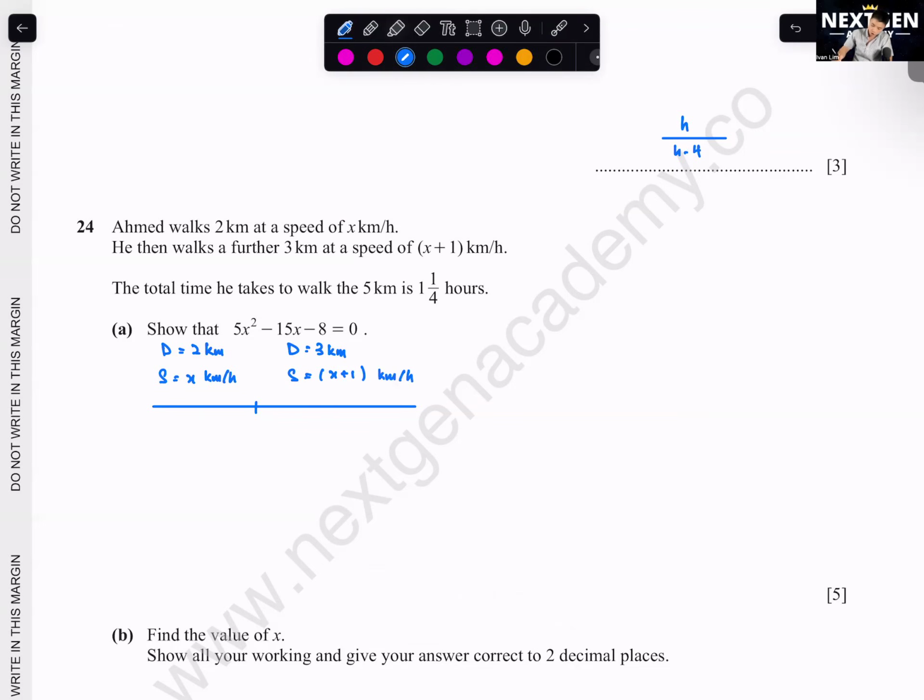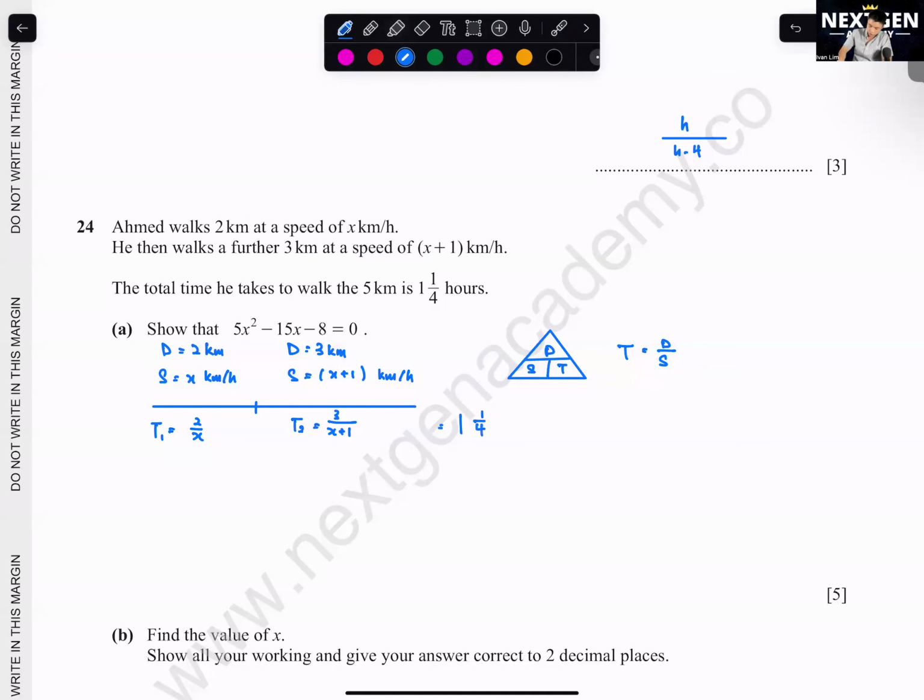What's the relationship for speed, distance, and time? Speed, distance, time, or DST. So time is equal to distance over speed. We can find time for both of these. 2 over x is your first one. Your second one is 3 over x plus 1. They say that the total time he takes to walk is 1 and 1 over 4 hours.